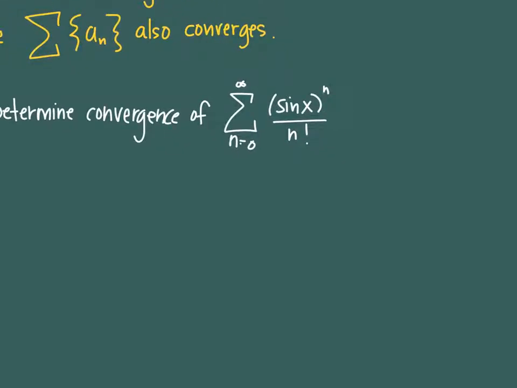So what do we want to make our B series be so that we can always know that it will always be bigger than the one that we have? Well, this time we want to focus on the numerator because I can't really make n factorial any smaller. N factorial is going to have to stay. But what do I know about sine, even when it's raised to an n power? It's fluctuating, right?